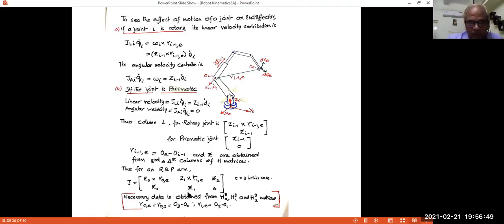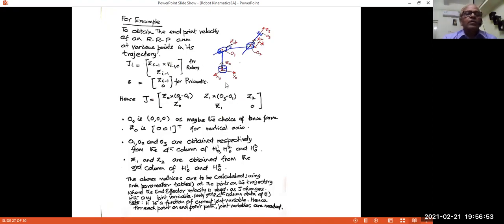Okay, we'll take an example. Suppose what you are interested in is the endpoint velocity in the case of an RRP manipulator. For RRP, you get Z0 cross O3 minus O0, Z1 cross O3 minus O1.